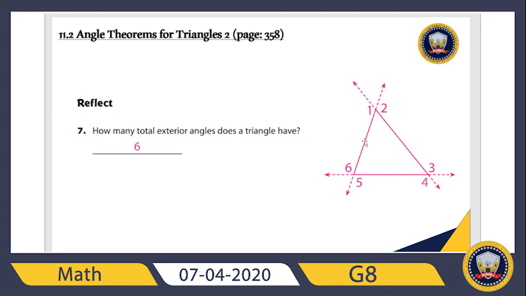Also, by extending this side downwards, you will have an angle that is exterior. Finally, extending this side to the left gives you an exterior angle that is shown here as 6. So in total, we have 1, 2, 3, 4, 5, 6 exterior angles in one triangle.